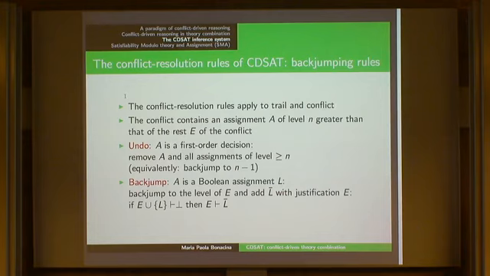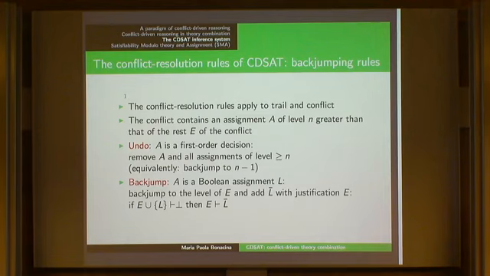And then there are 2 possibilities. One applies when this outstanding assignment is a first-order decision, and the other applies when it is a Boolean assignment. If A is a first-order decision, the undo rule will remove A and all assignments of level greater or equal than n. So in practice, we backjump to n minus 1.